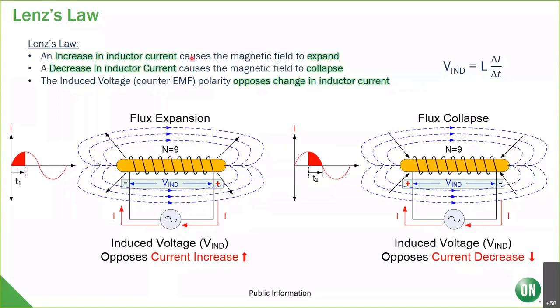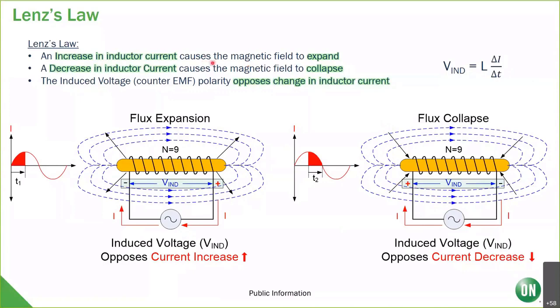So an increase in inductor current causes the magnetic field to expand. Likewise, if that current starts to decrease, the flux is going to start to collapse. And the induced voltage changes polarity because that induced voltage is opposing the change.